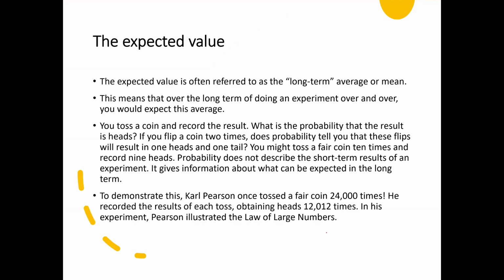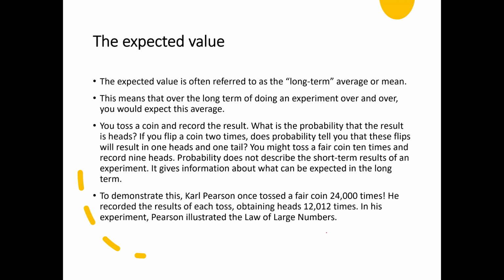All right, the expected value is often referred to as the long-term average or mean. This means that over the long term of doing an experiment over and over, you would expect this average. You toss a coin and record the result. What's the probability that the result is heads?